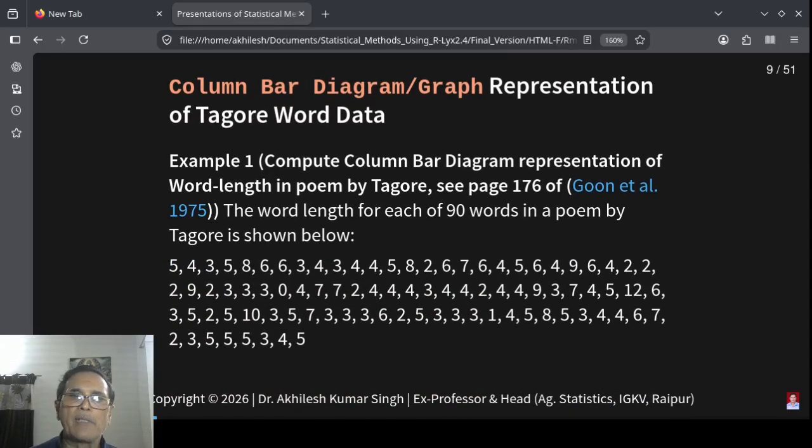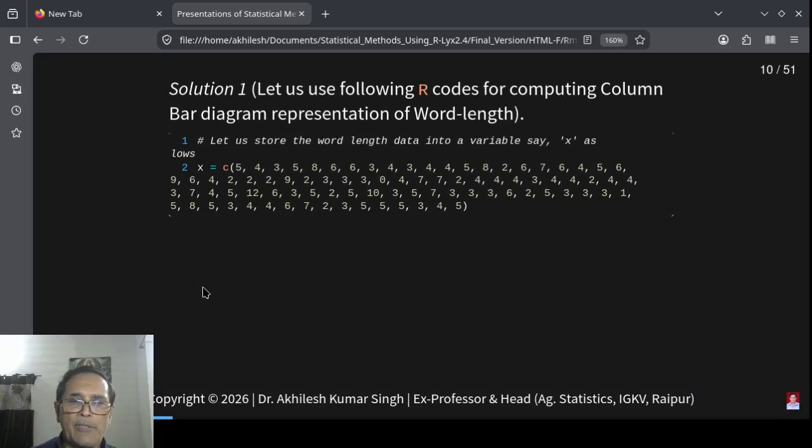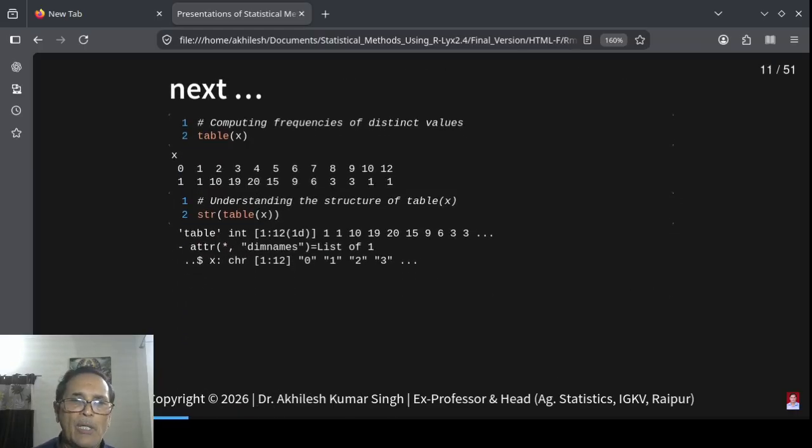Column bar diagram, let us compute for the Tagore word data. You know this data we have already discussed many times. This is how we take it in RStudio and compute. These are the computations we have already done, no need to repeat again.